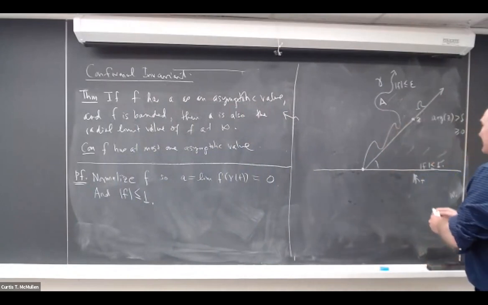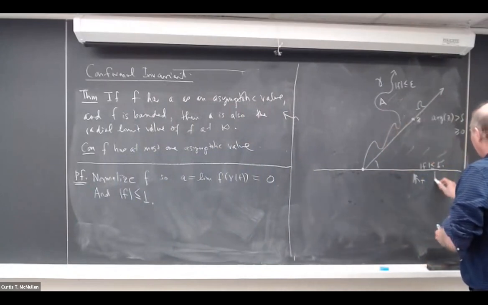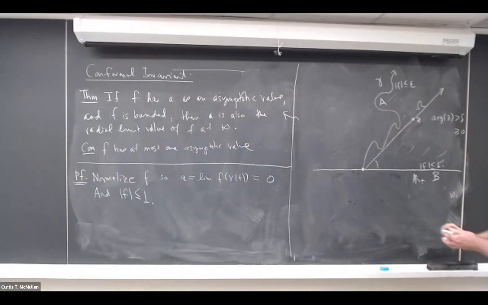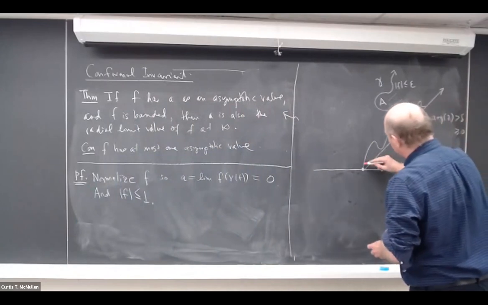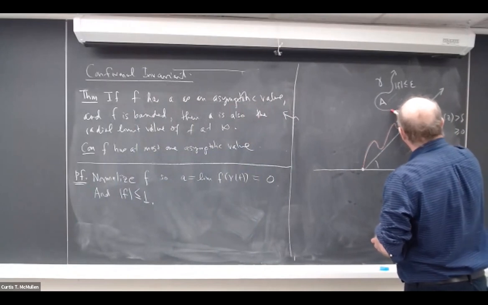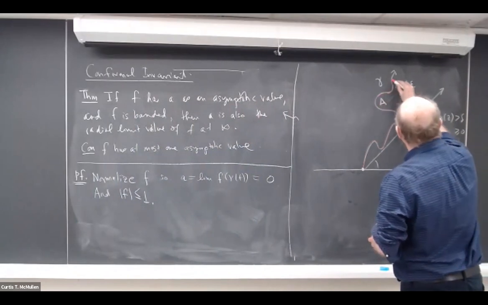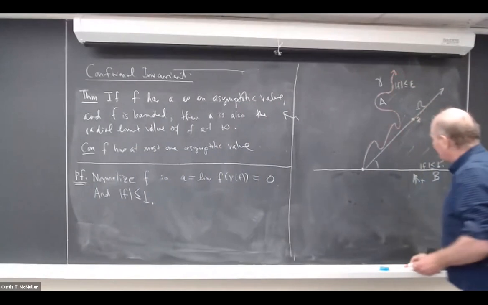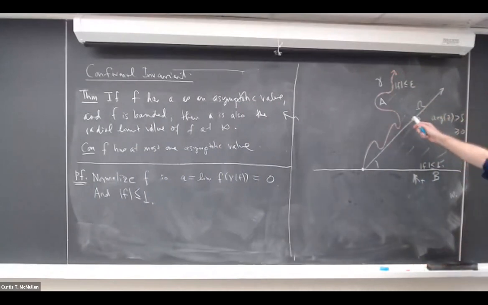We have one piece here, which I'll call B, which is the positive real axis, and then another piece here, which is this wild, possibly hard to control path. And what we want to show is that this part of the boundary has a substantial influence on the value of f at this point.